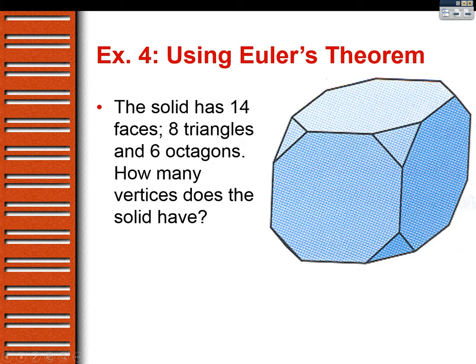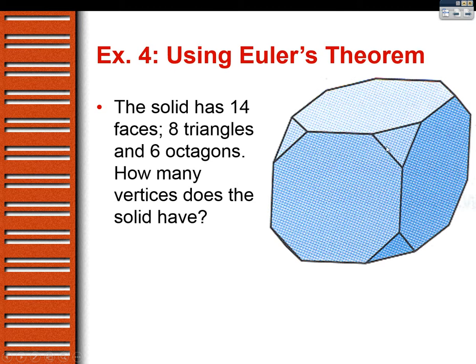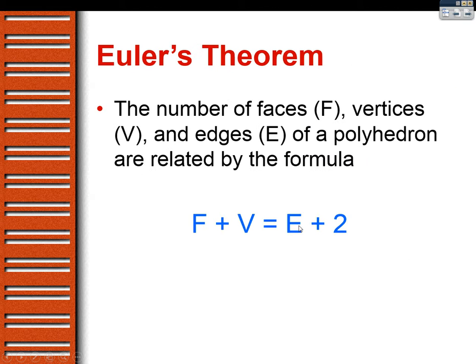So if we want to know the number of vertices, all we have to do is use this formula, right? We said the number of faces was 14. The number of edges was 3 times 8 is 24 plus 12, so it's 36, right? Edges is 36, faces is 14. What's the number of vertices?